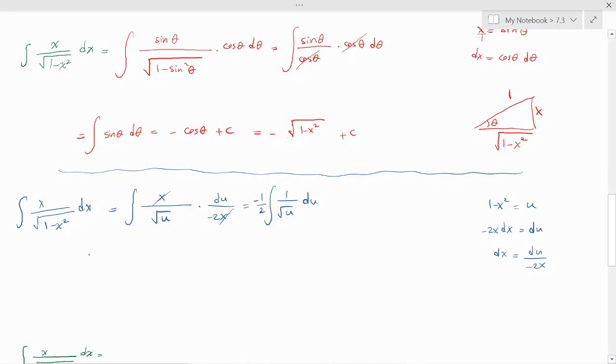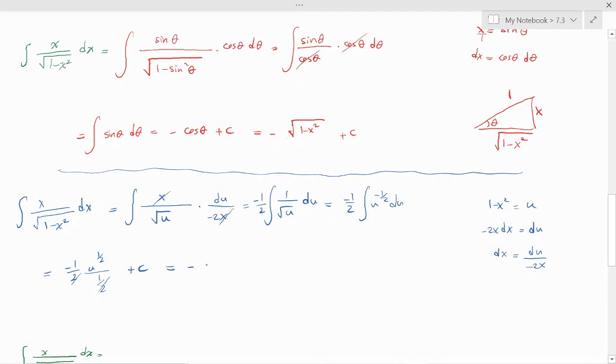But we should be able to calculate this integral. You can write this as negative 1/2 times the integral of u to the power negative 1/2 du, and add 1 to the exponent divided by the new exponent. So you get u to the power positive 1/2 divided by 1/2. These two can cancel out, plus some constant.